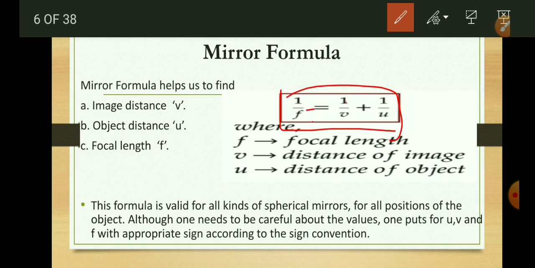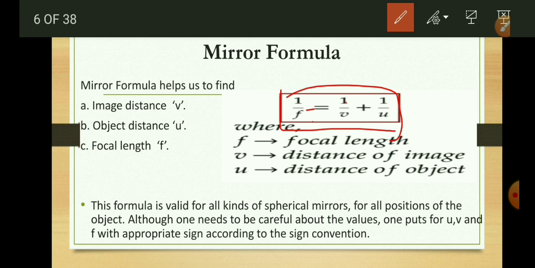For solving problems, the values of v, u, f and radius of curvature are substituted using the new Cartesian sign convention. Just now we learned all those Cartesian sign conventions. Those sign conventions will help you to decide the sign of image distance, object distance, focal length and radius of curvature.